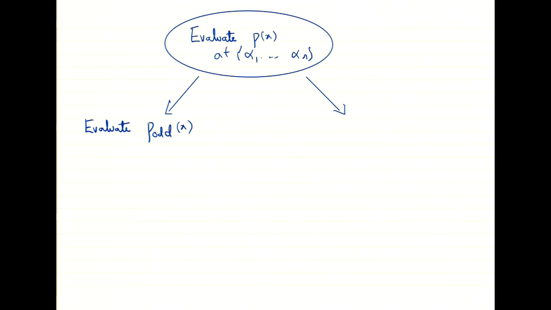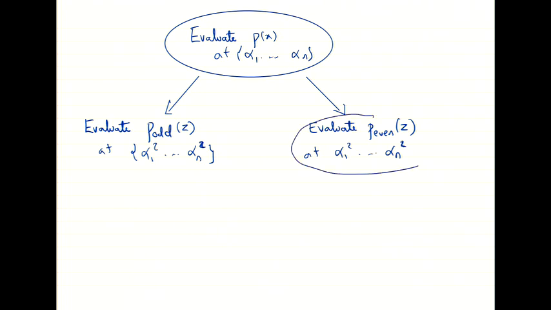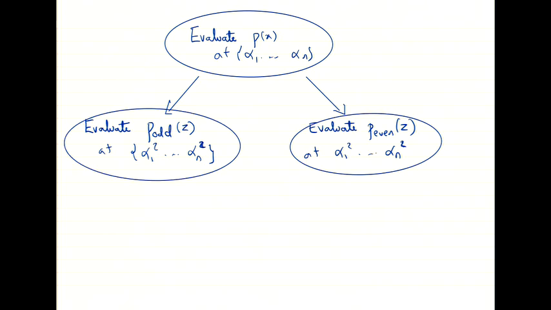Let me just not use the same letter here. Evaluate p odd of z, let me just call it z, at alpha 1 squared to alpha n squared, and evaluate p even of z at alpha 1 squared to alpha n squared.